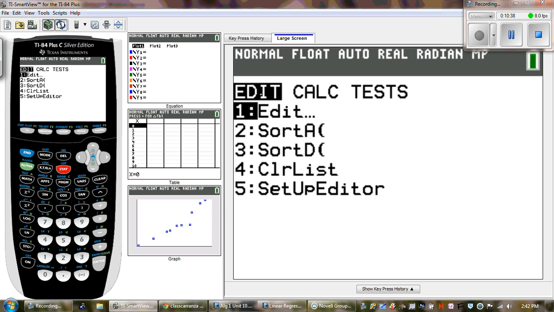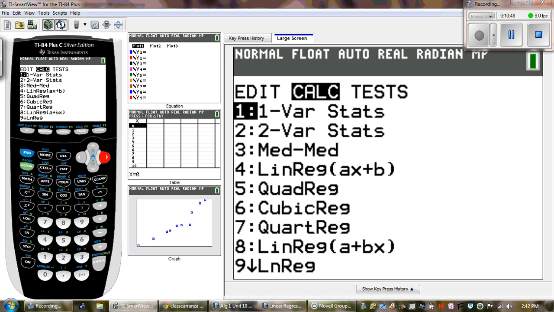I don't know if it's easier to see on the calculator or on the screen that it says edit, calc, and tests. We want to go to calc, and then it says to find the LinReg(ax+b), and that's option 4. So I'm going to go down to option 4 and press enter.